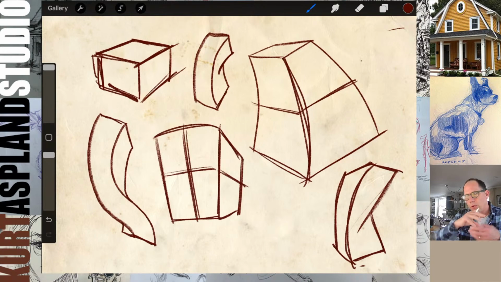So now we've taken the sphere and we've molded that. Now we're taking the cube and we're stretching it. We're twisting it, you see?